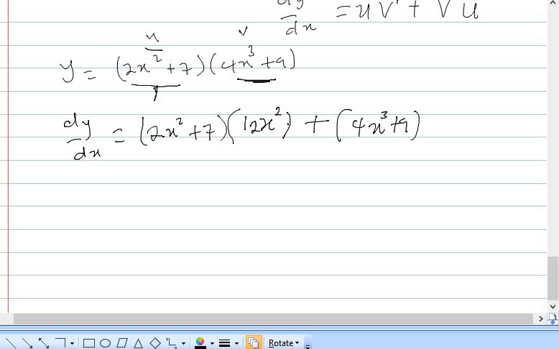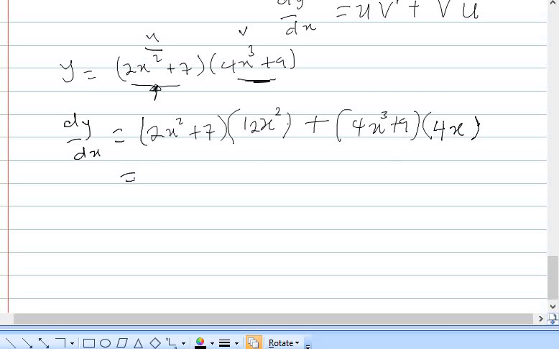So now we have to differentiate this 2x squared plus 7. The differential of 2x squared is 2 times 2, which is 4, then x power 2 minus 1 is just x, then the differential of 7 is 0, so no need to compute it.